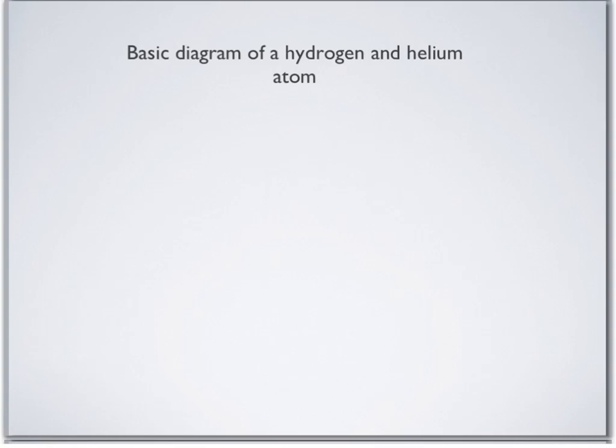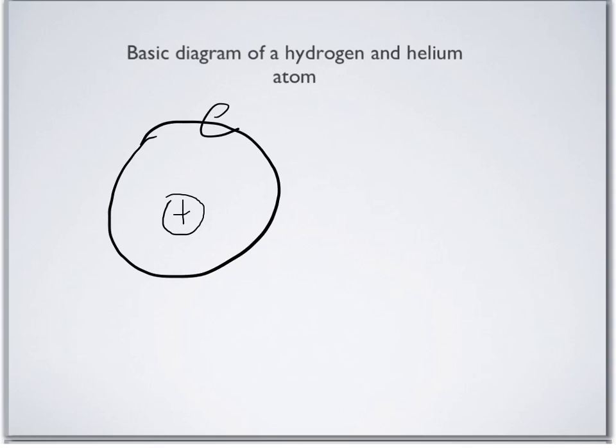We need a nucleus and we need the electrons, and the nucleus is made up of protons and neutrons. In the hydrogen atom, you're only going to have one proton. I'm going to give that a positive charge there in the center, and then on the outside I would have an electron orbiting around.